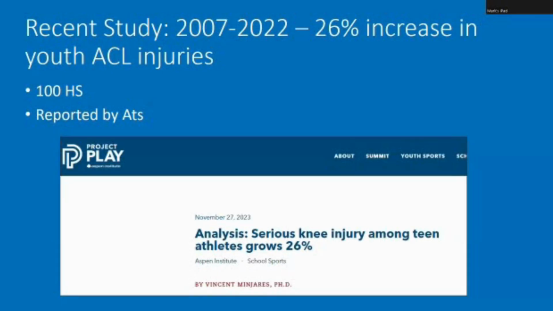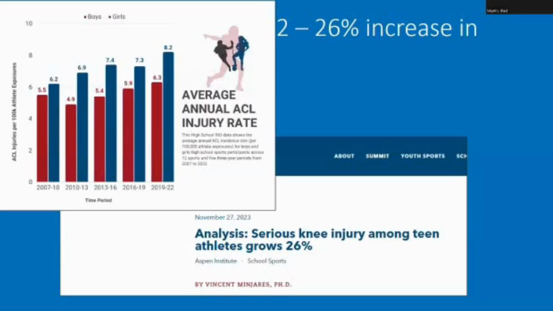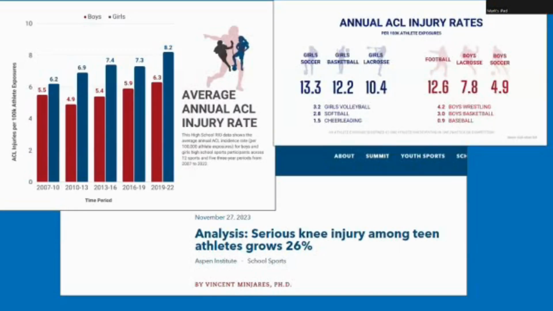Okay. A question for the general group. A project with the Aspen Institute looked at a study from 100 high schools reported by athletic trainers from 2007 to 2022, and they found a 26% increase in youth ACL injuries. And you can see there's been this gradual progression of what's going on.